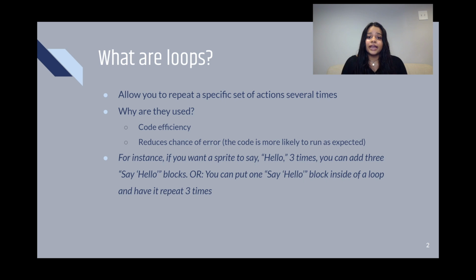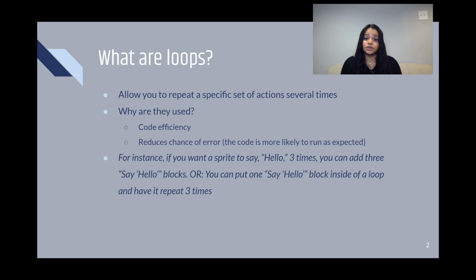After that, we would add the say hello for 2 seconds block, and we would add another say hello block, and after that, another say hello block. So what this will do is, after the green flag is clicked, the Scratch sprite will say hello, and then it will say hello again, and then it will say hello again. Now it's repeating this same action 3 times.